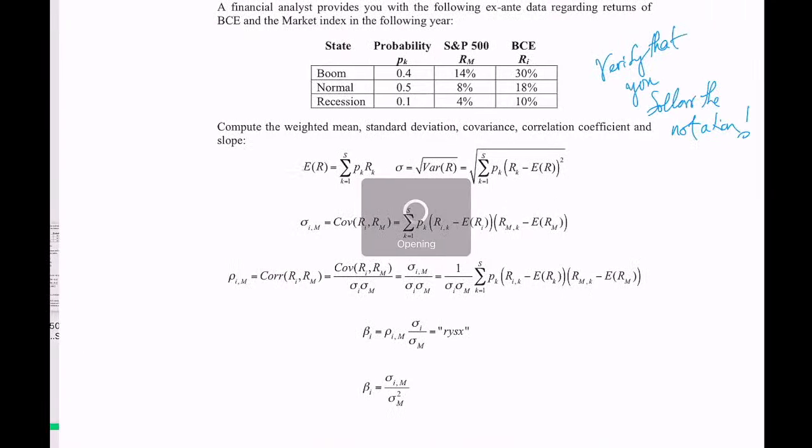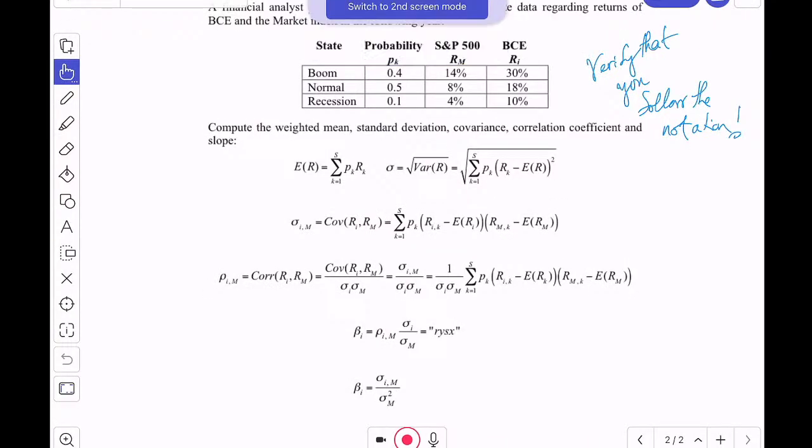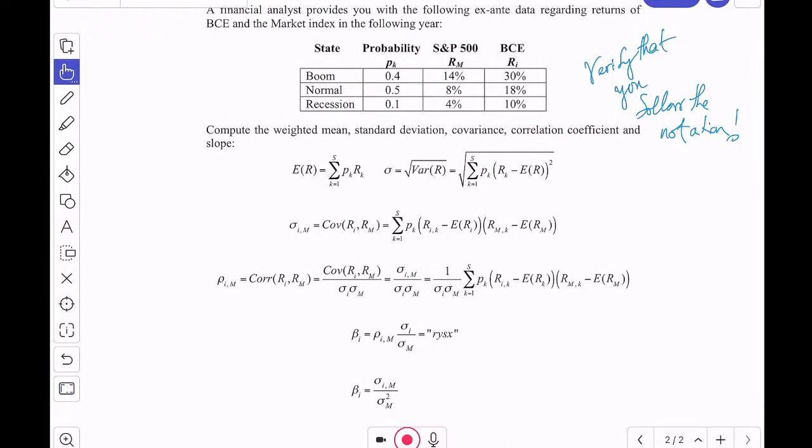Okay, so what I'm going to say to you, so look at the documents. 25, 25.1, 25.2, and 25.3, and you'll see they're all related.